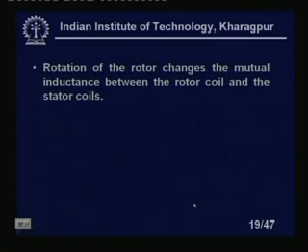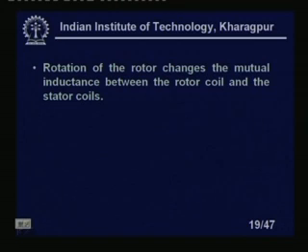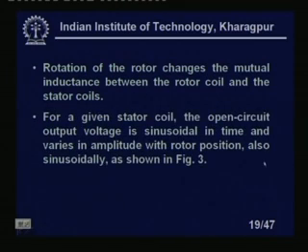The rotation of the rotor changes the mutual inductance between the rotor coil and the stator coils. That is the reason I am getting different voltages, is it not? I will read it again. Rotation of the rotor changes the mutual inductance between the rotor coil and the stator coils. For a given stator coil, the open circuit output voltage is sinusoidal in time and varies in amplitude with the rotor position, also sinusoidally, as shown in figure 3.